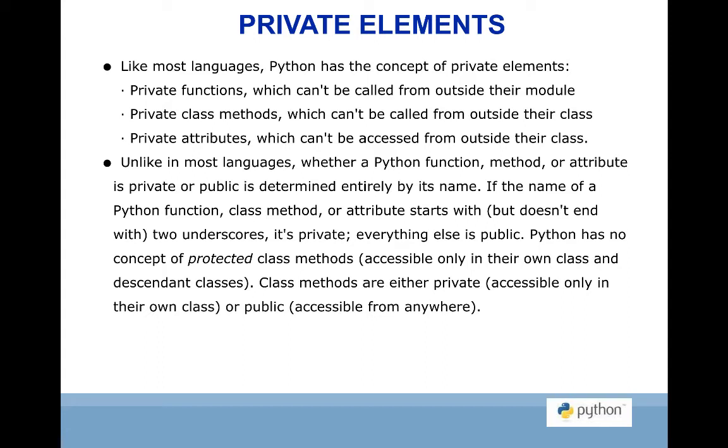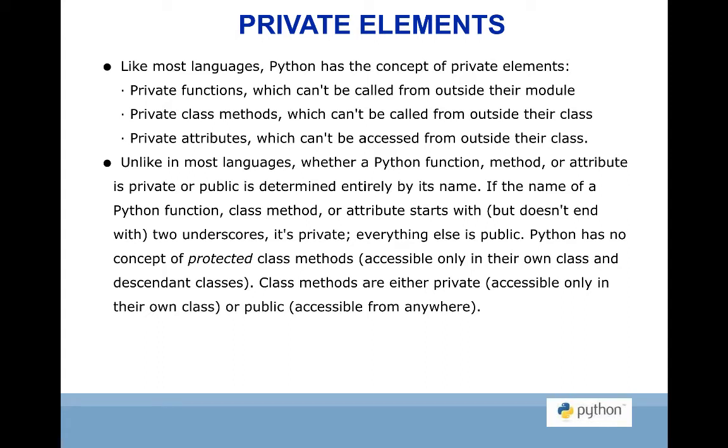If the name of a Python function, class method, or attribute starts with a double underscore, for example, if the name of the attribute is like underscore underscore x, then this becomes a private attribute. To be noted, it should only start with a double underscore and should not end with a double underscore.